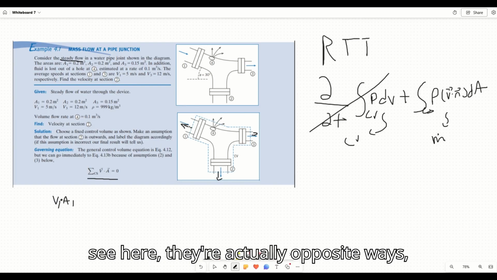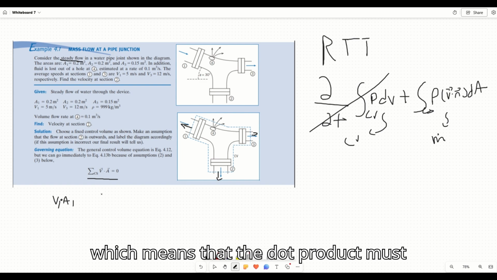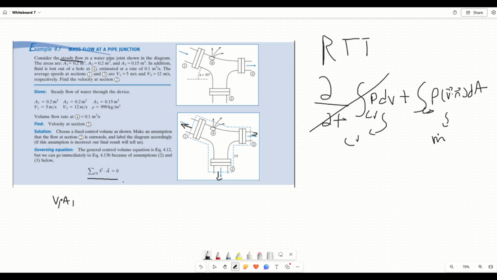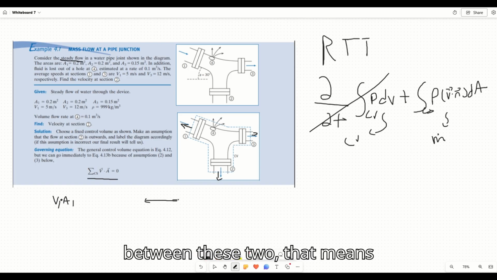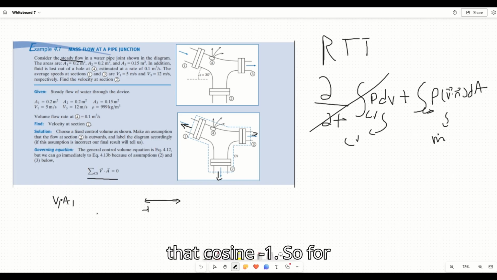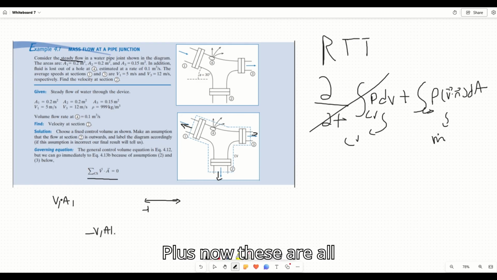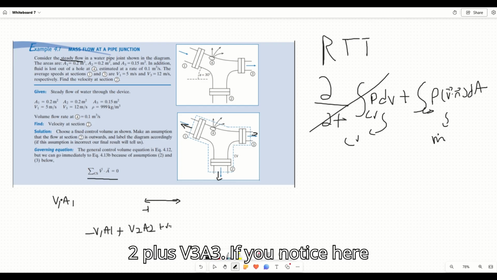So if we see here, they're actually opposite ways, which means that the dot product must have a negative, since the angle is pi between these two, that means that cosine is -1. So for V1, A1, we'll have negative V1, A1 plus, now these are all going in the same direction, so we'll have V2, A2 plus V3, A3.